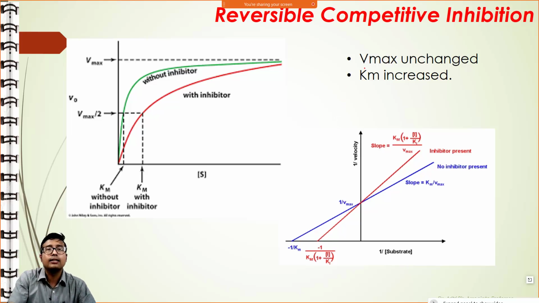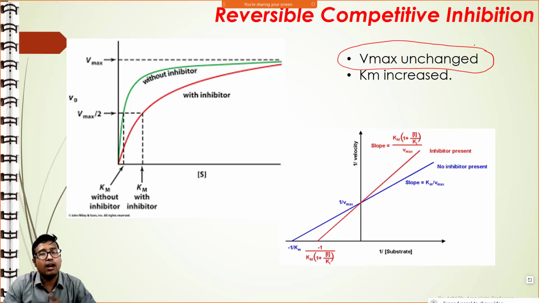So first thing, what happens in competitive? Vmax remains unchanged, right? If you see how competitive inhibition happens, this is very easy to derive, but for now there is no question of derivation. Just remember, Km is increased. By an increase in Km, we mean the affinity is lowered, because Km is inversely proportional to affinity.